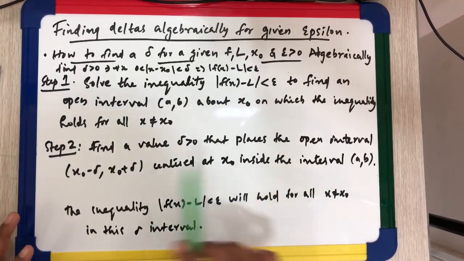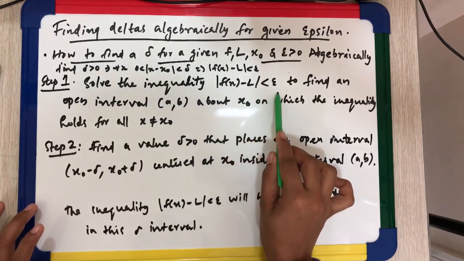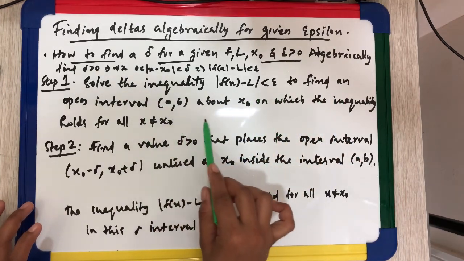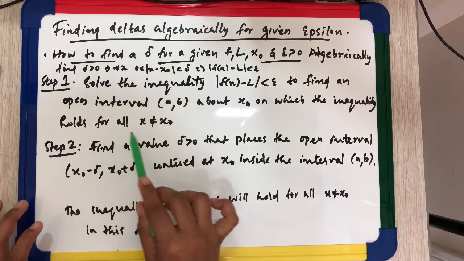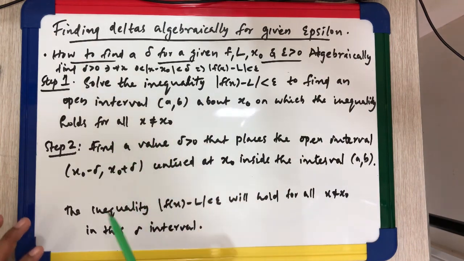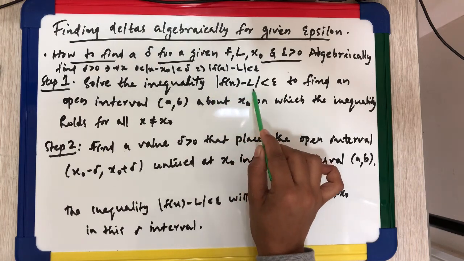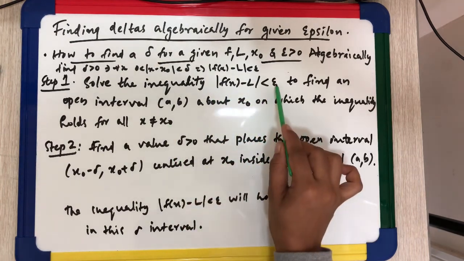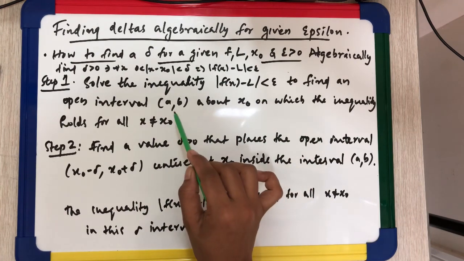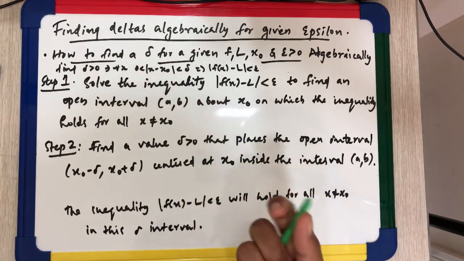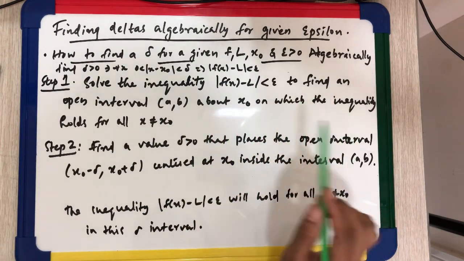First step, solve the inequality mod f of x minus L less than epsilon to find an open interval AB about x0 on which the inequality holds for all x not equal to x0. First, we have to solve the inequality mod f of x minus L less than epsilon. Then we will get an interval AB containing x0.